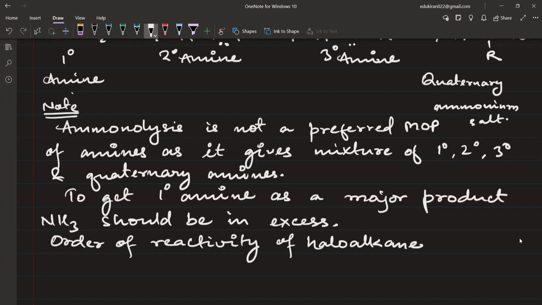The haloalkane which has the best leaving group is going to be the most reactive. How easily can you remove the halogen atom? In terms of that, iodine is the good leaving group. RI will be the fastest, followed by RBr, followed by RCl. RF is not also in the consideration. Please write this down.